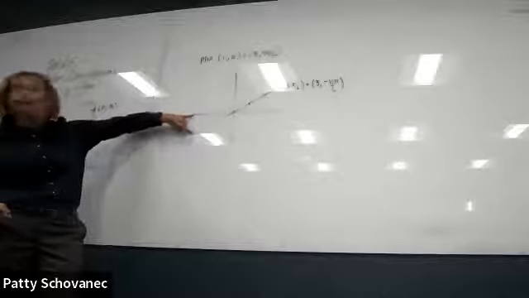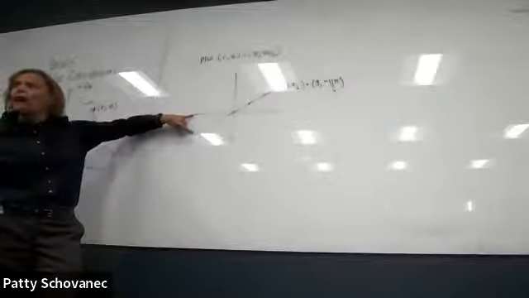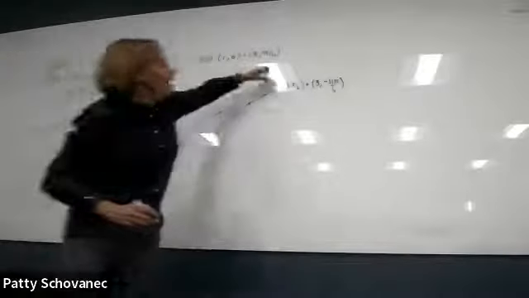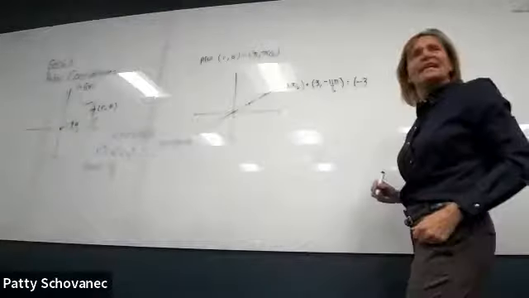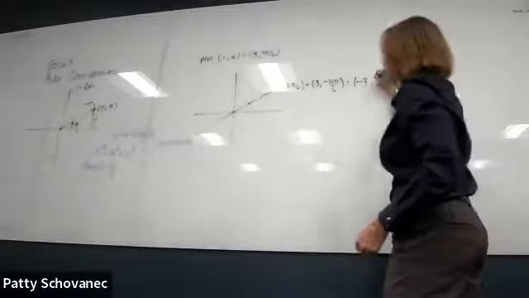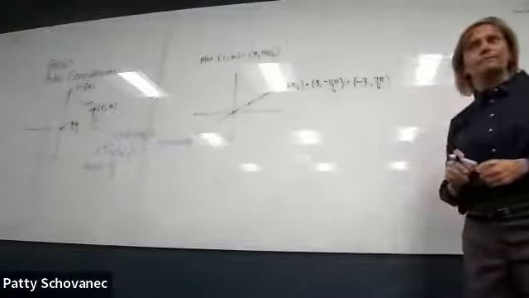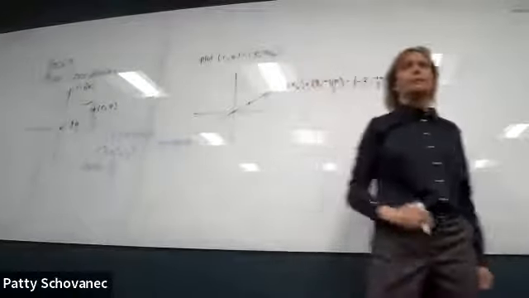Pi over 6 more than pi. So if theta is 7 pi over 6, I project back by saying that r now is negative 3. So that's another way to name this one little point right here.